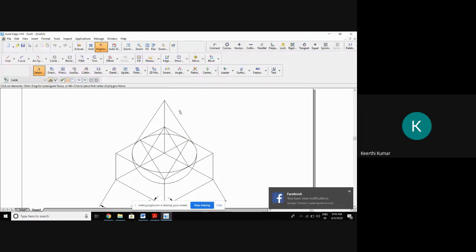Shall I make it visible? So I'll make this visible. What are all the visible edges? First, these two are visible. This is visible for me. This is visible.